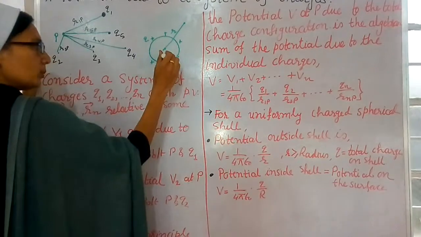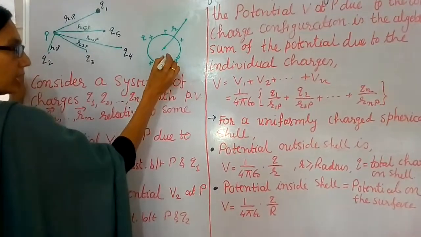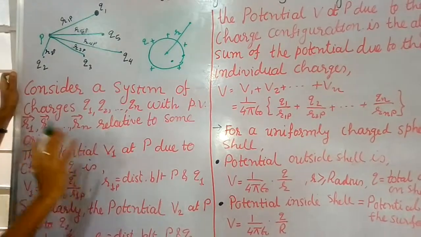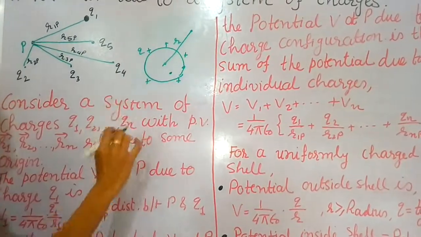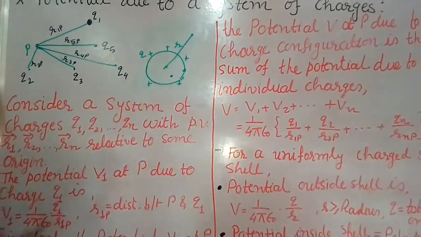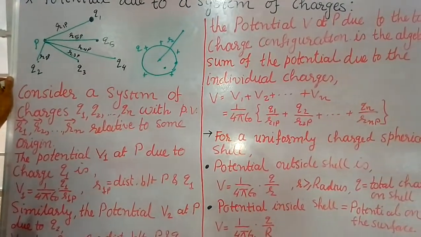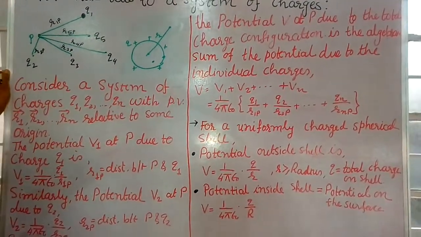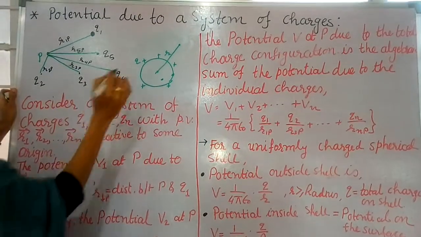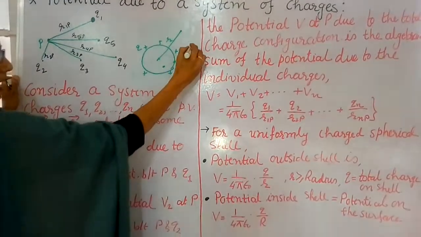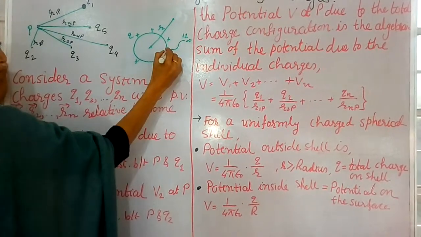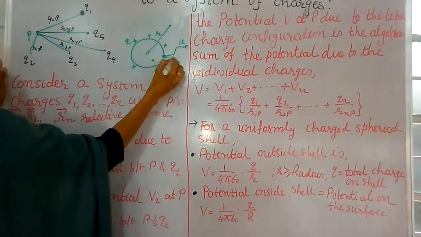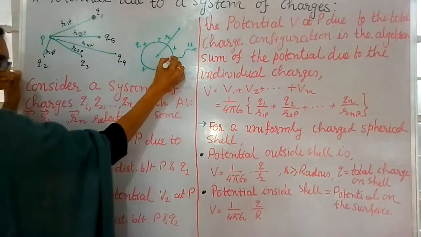And what will it be inside? Inside and on the surface it will be the same. Why is it the same? Because we know that potential is the work done in bringing a positive unit charge from infinity to that point. Suppose I am bringing a positive unit charge from infinity to this point, so I have to do some work, and that work is stored as potential at this point.